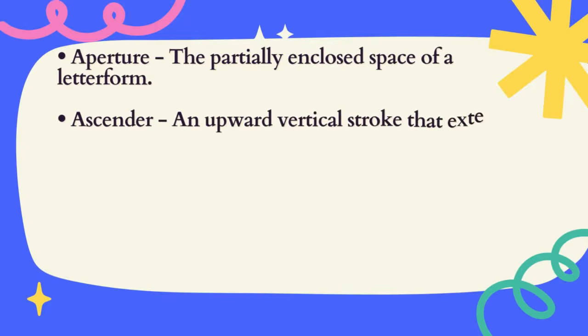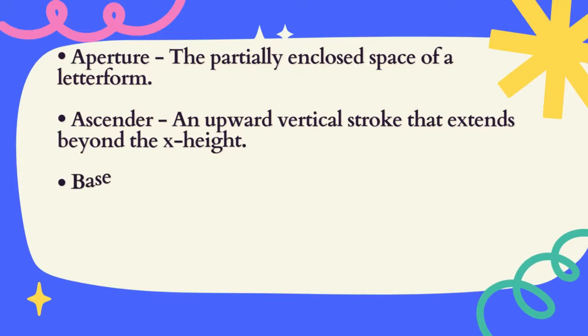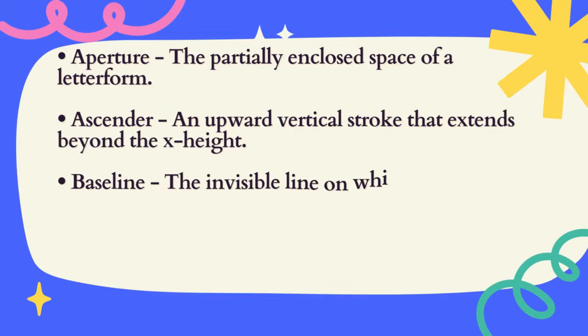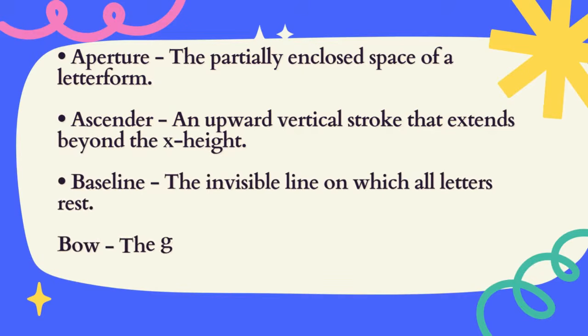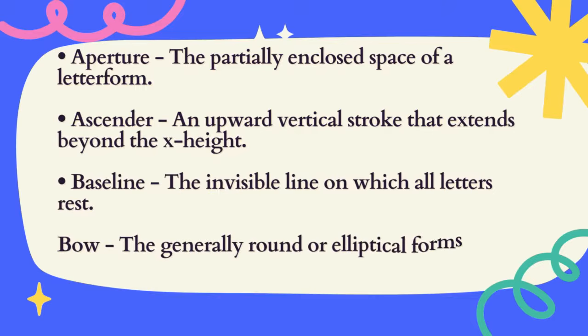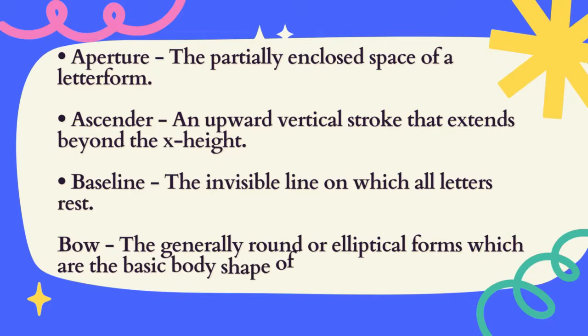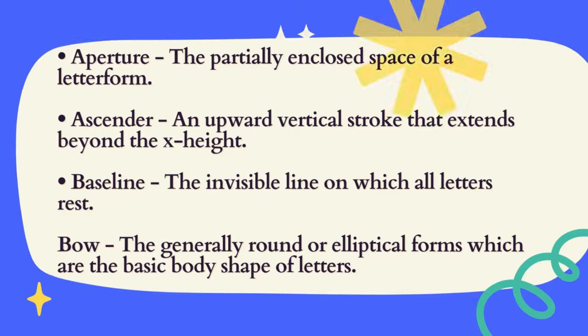Aperture, the partially enclosed space of a letter form. Ascender, an upward vertical stroke that extends beyond the x-height. Baseline, the invisible line on which all letters rest. Bow, the generally round or elliptical forms which are the basic body shape of letters.